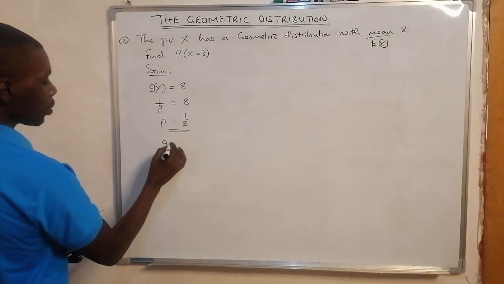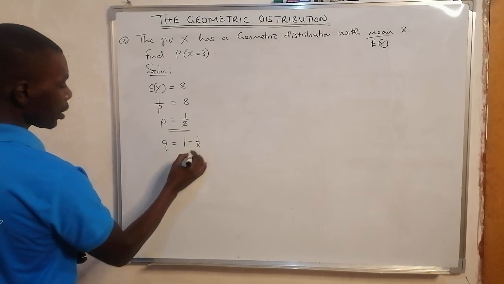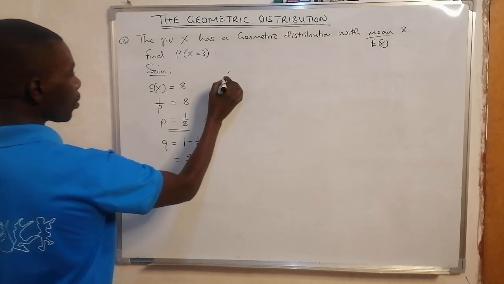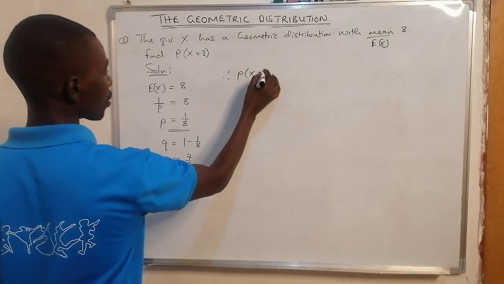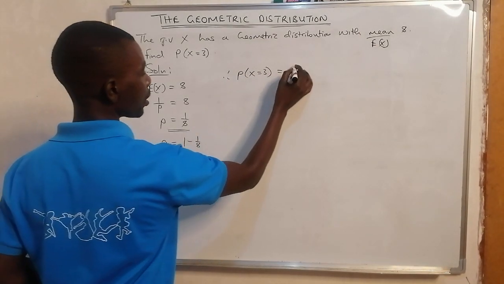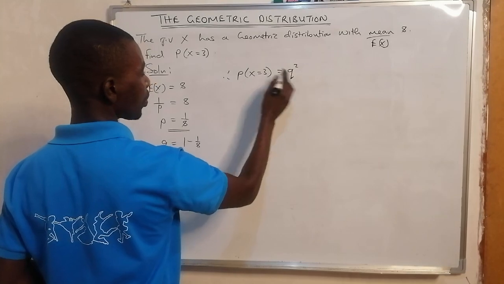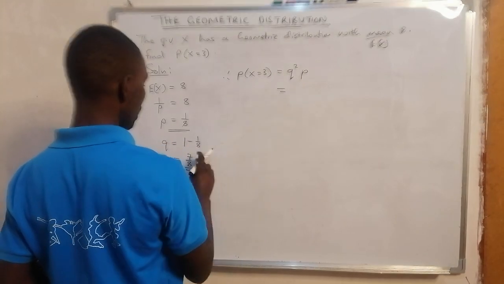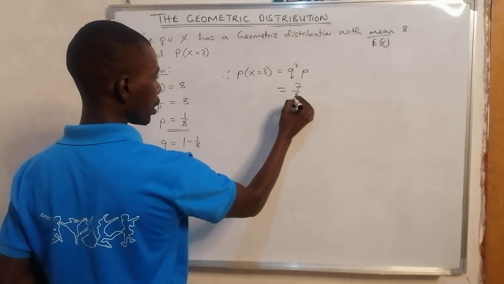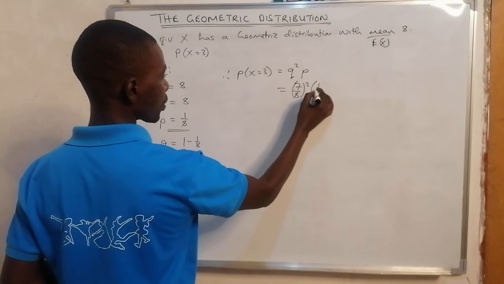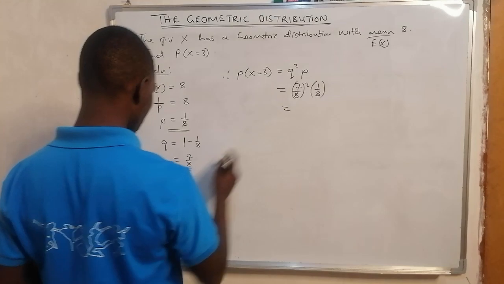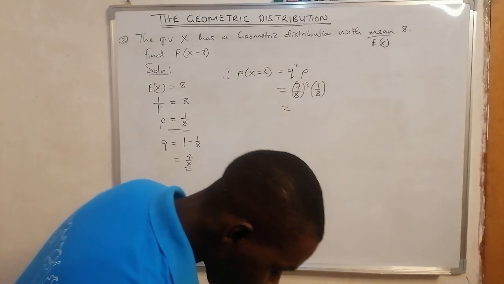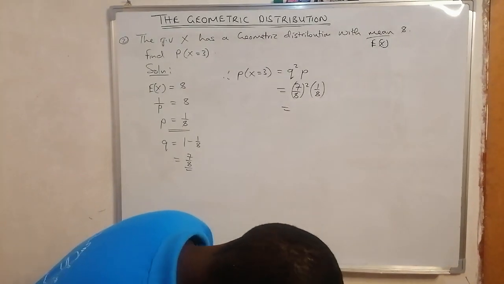Then q is equal to 1 minus 1 over 8, which is 7 over 8. Therefore, P of x equals 3 is given by q squared, remember 3 minus 1, times p, that's 7 over 8 squared times 1 over 8, and we can punch this in our calculator.